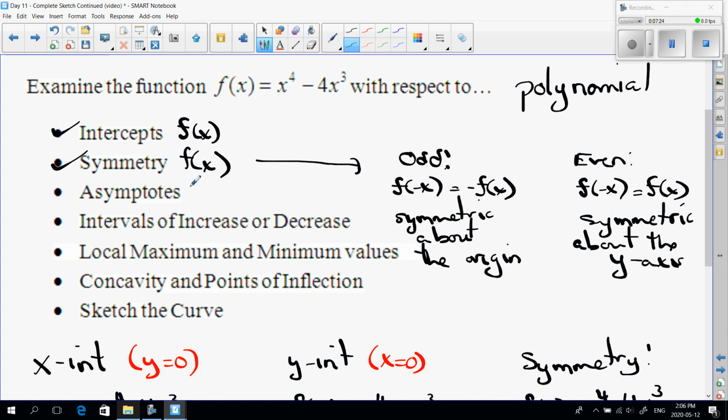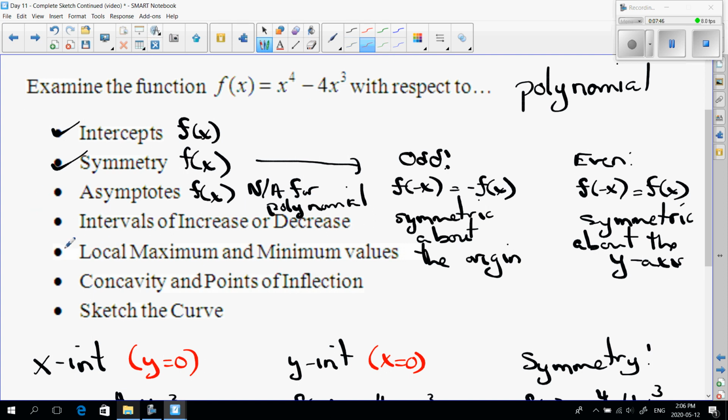So there'd be no asymptotes for a polynomial function. In order to do that, we would also look at f of x, but because it's polynomial, this does not apply. Not applicable for polynomial functions. Good news, I can speed up the process and move right on by.